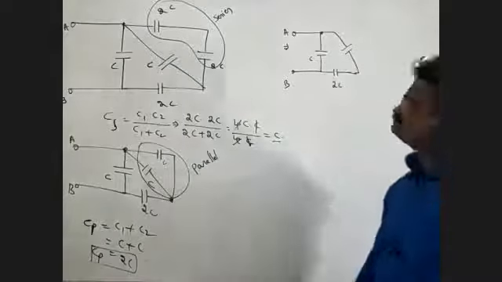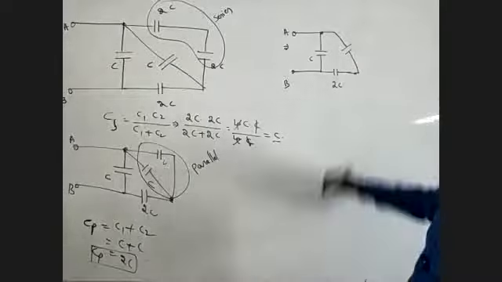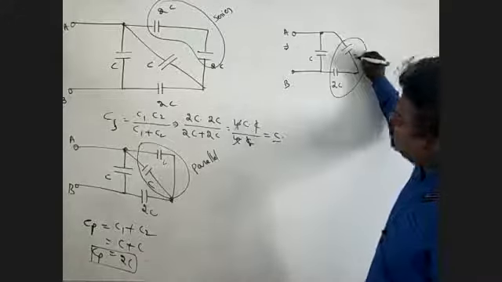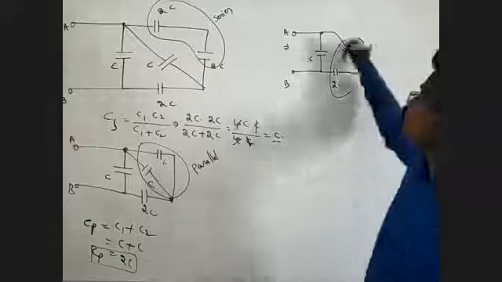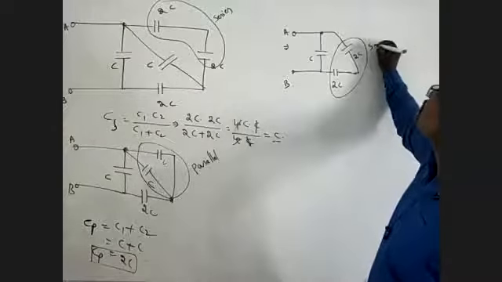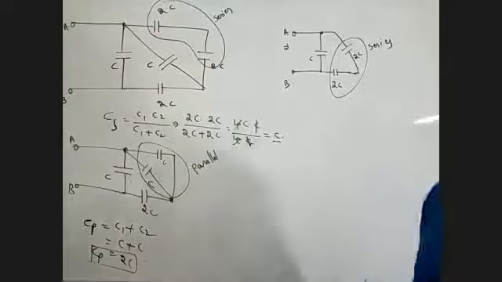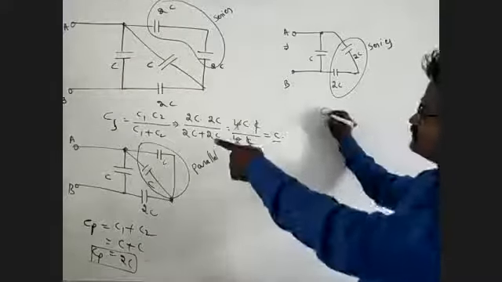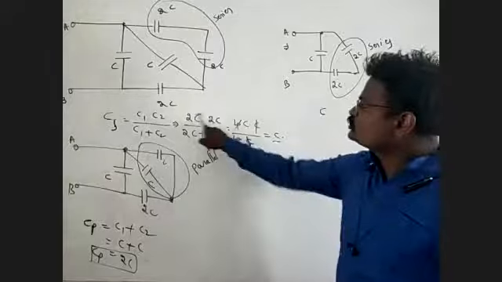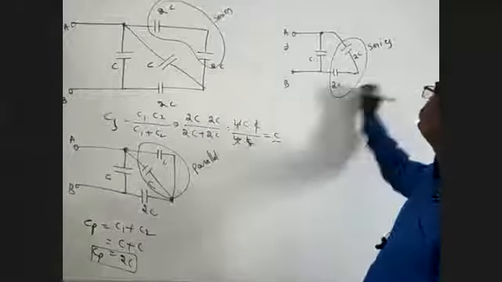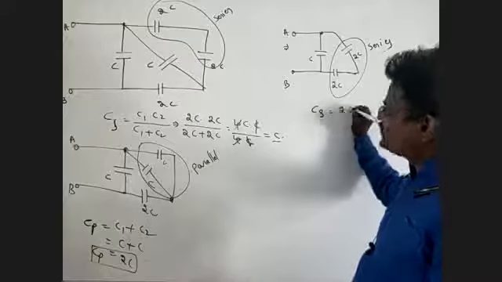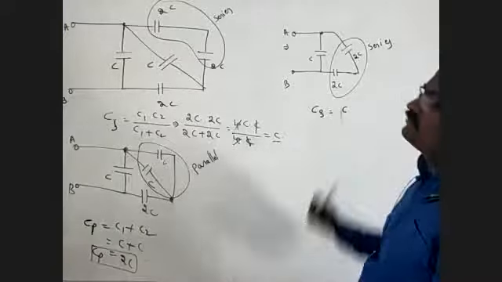Now in this circuit, these two are in series connection again. So C series for 2C and 2C is C.